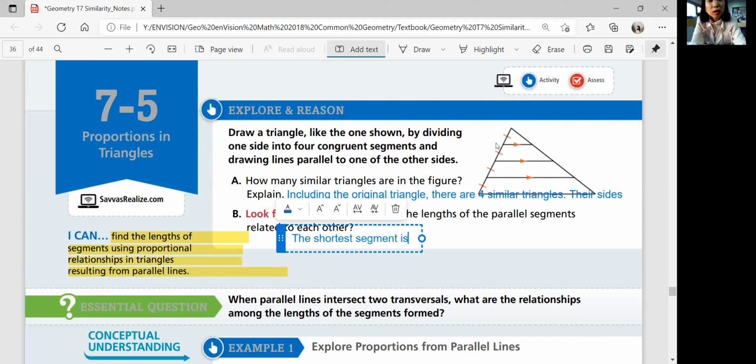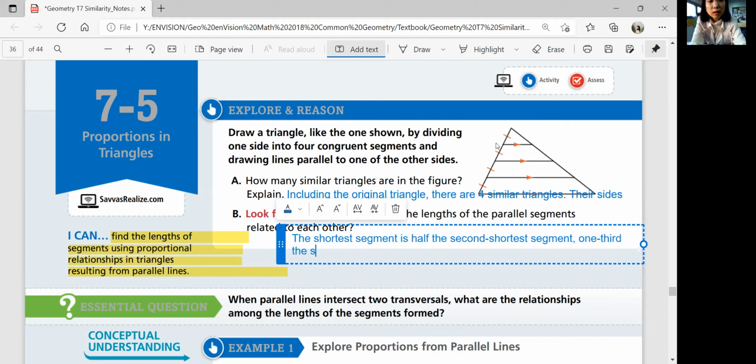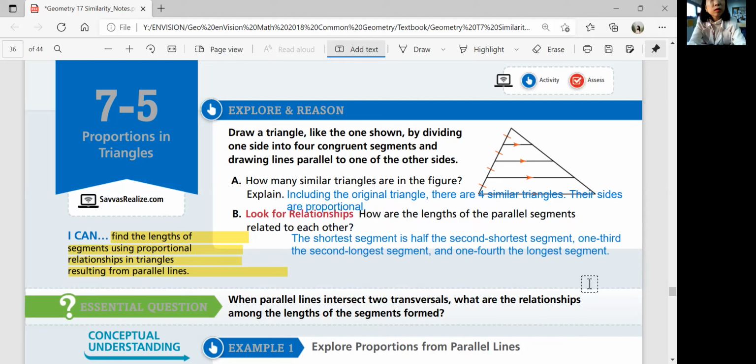So when parallel lines intersect 2 transversals, what are the relationships among the lengths of the segments formed? That's the question we'll keep asking.